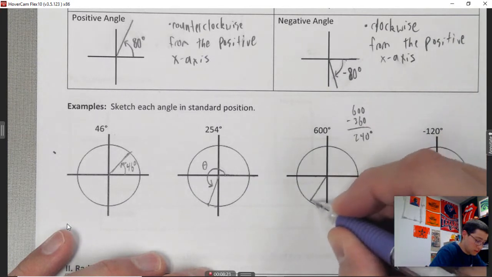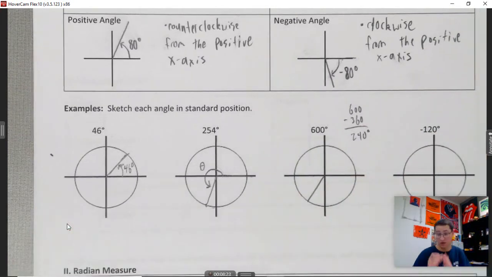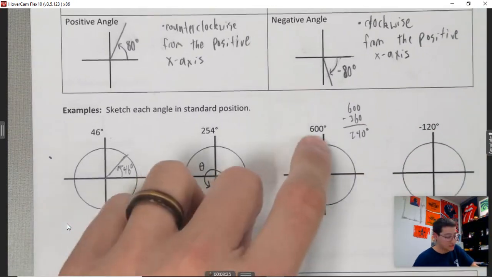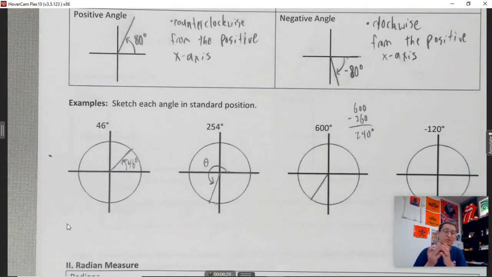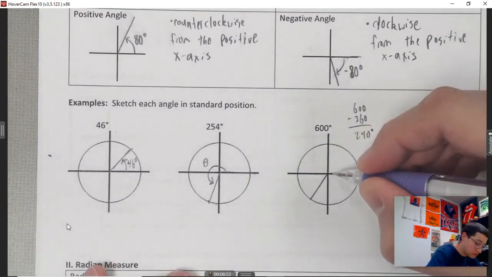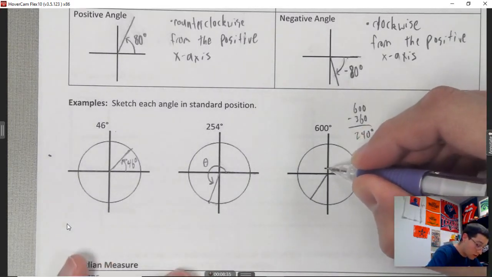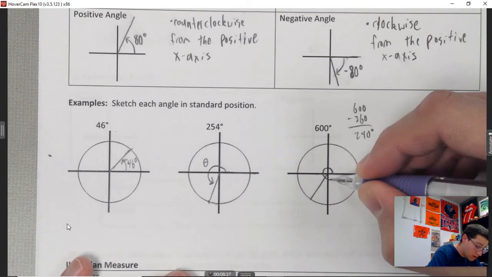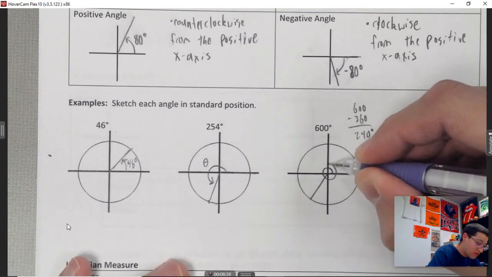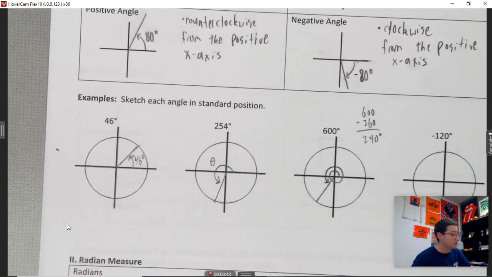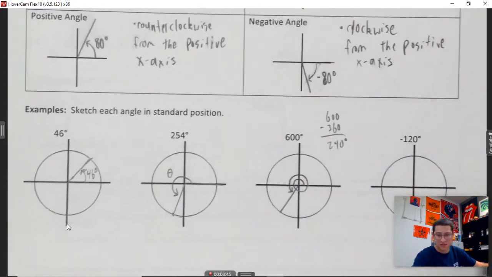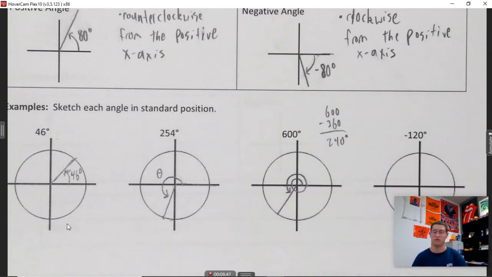So somewhere in there. Now, here's the trick on this one. Since it's 600 degrees, 600 degrees and 240 have the same position, but I have to go all the way around once. So I'm going to start here, go all the way around, and then end right there. I know that's a little bit weird, but that's how some of these angles are going to work when they're greater than 360.